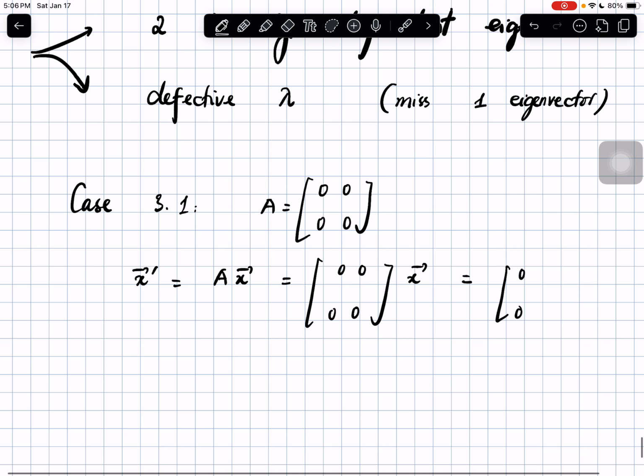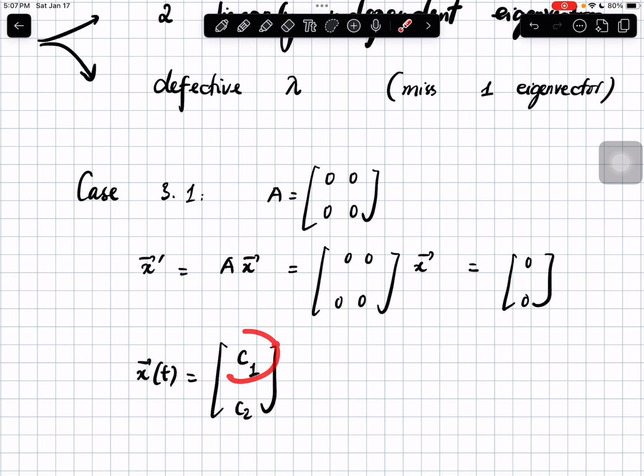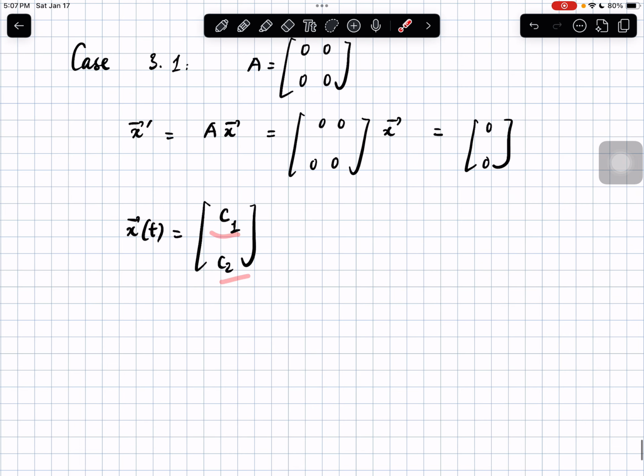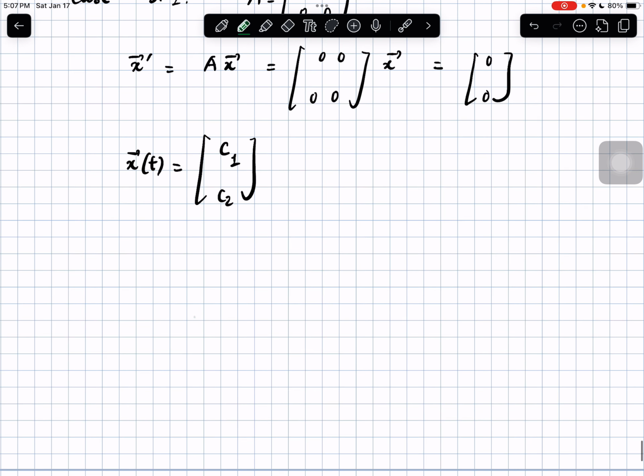So x(t) is just constant, the vector of constant functions c1, c2. So the solution is just one point on the whole plane. If you want to draw the x1, x2 plane, the solution is just one point living there, depending on where c1, c2 are.